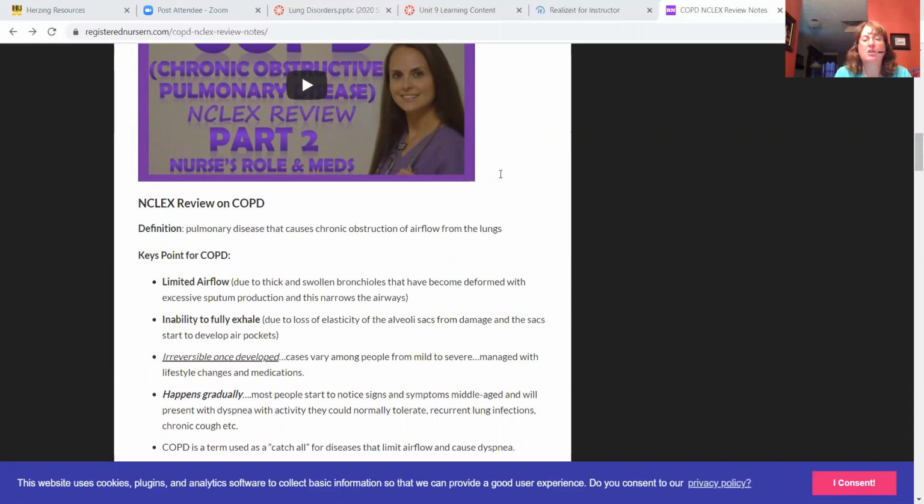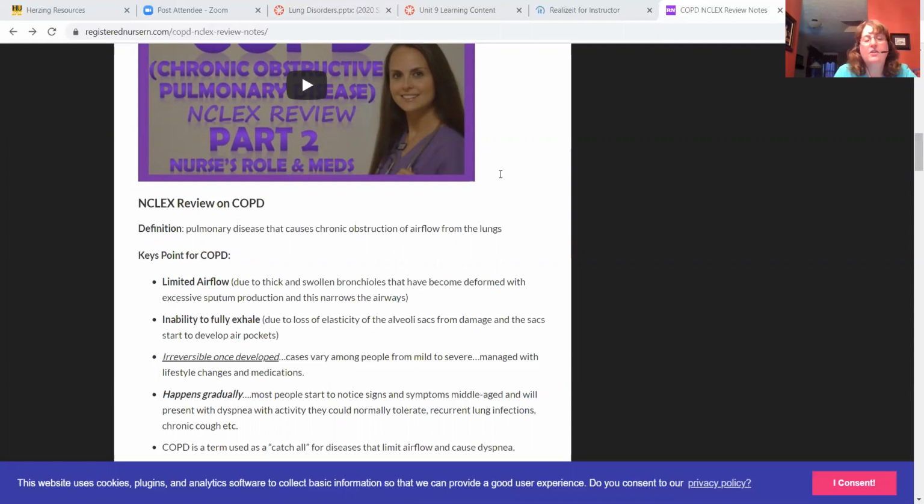So this is because you have thick, swollen bronchioles that have become deformed, and also excessive sputum production that narrows the airways. So you see there's a big correlation between asthma and COPD, except with asthma, you don't have the actual damage to the lungs like you do with COPD. It's different, you know?